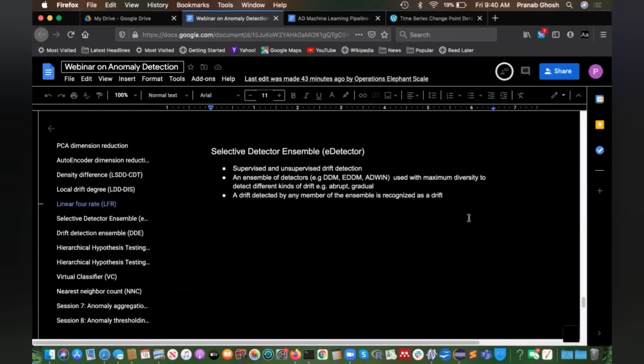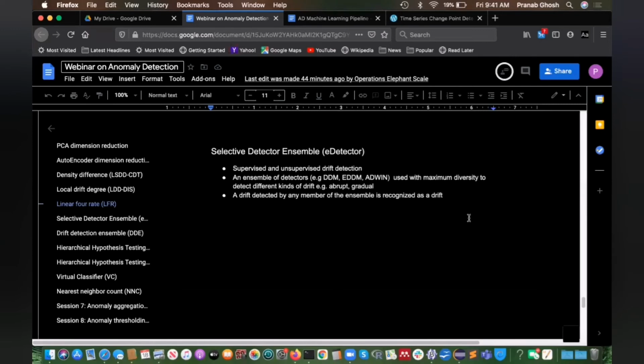This is an approach which is based on an ensemble of detectors. So it will deploy multiple detectors, for example, DDM, EDDM, with maximum diversity as far as the different kinds of drifts the algorithms can detect. By the way, the different kinds of drifts we discussed earlier, like the abrupt, gradual, and incremental.